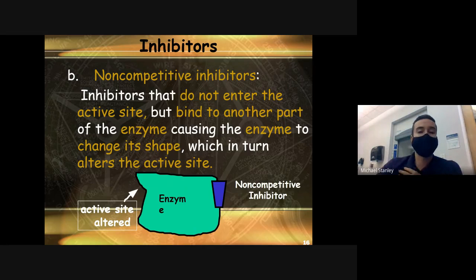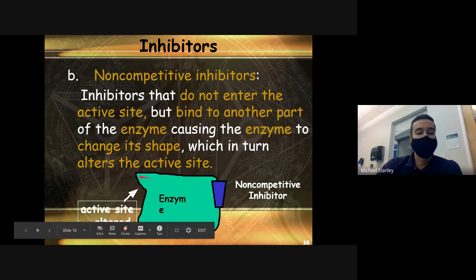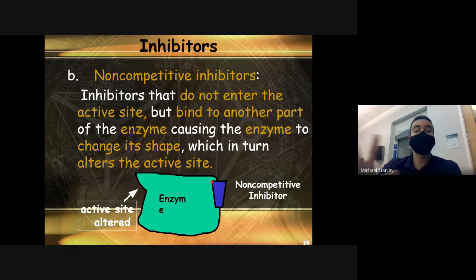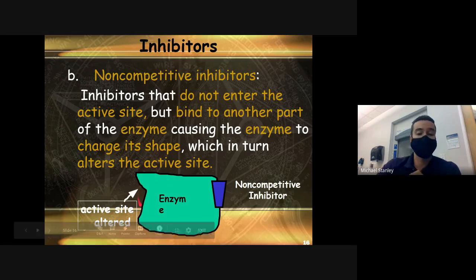A non-competitive inhibitor is called this because it is not competing for the active site with the substrate. It's not trying to get in there. But it binds to another part of the enzyme, some other outside part. And when it does that, it forces the enzyme to twist a little bit or turn a little bit, which messes up the active site.